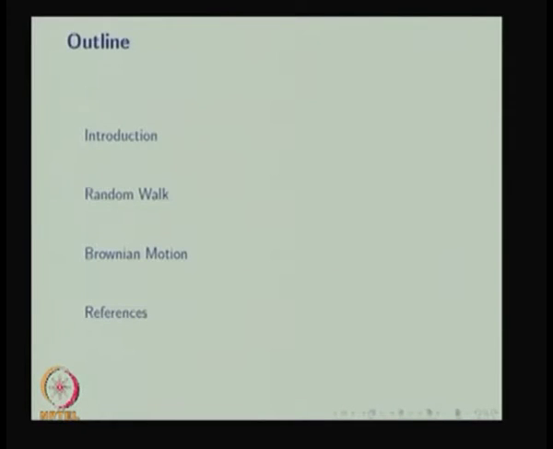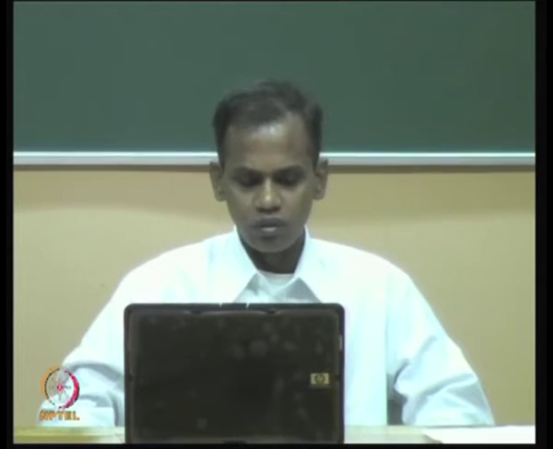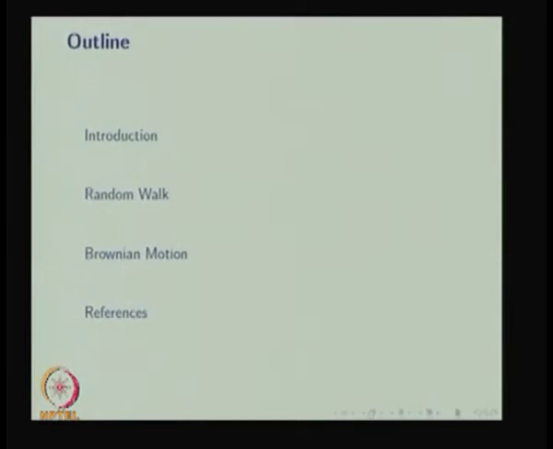Then we are going to discuss stochastic calculus, followed by stochastic differential equations and Ito integrals, and the application of Brownian motion and stochastic calculus in financial mathematics. So we are going to discuss the applications of Brownian motion in financial mathematics. With that, Module 7 will be completed.